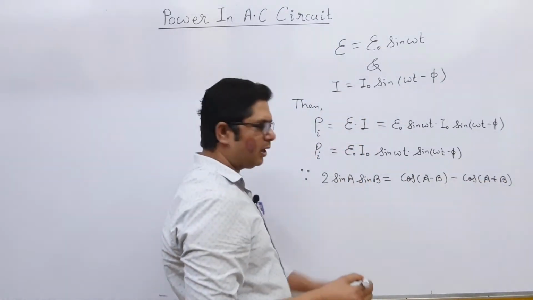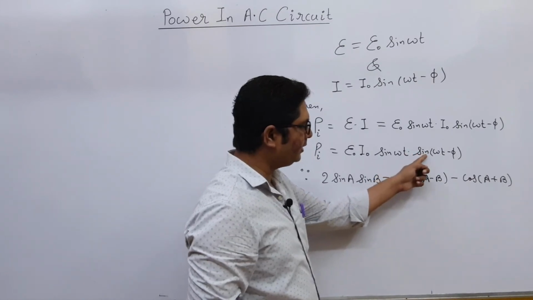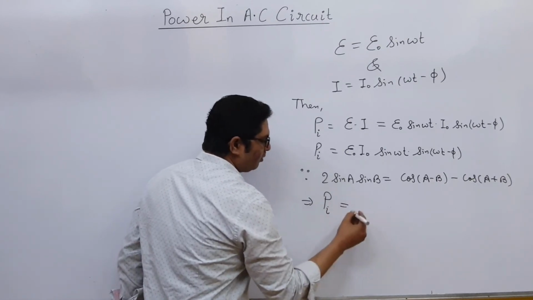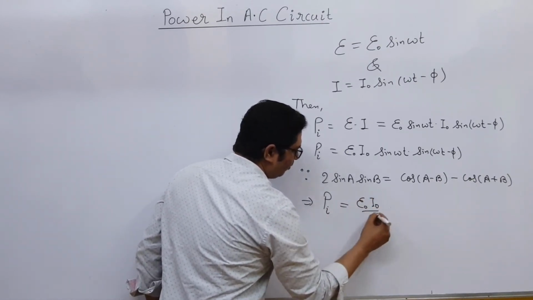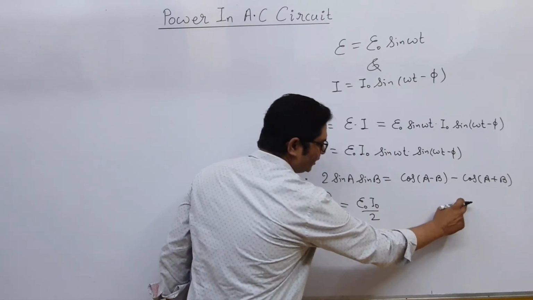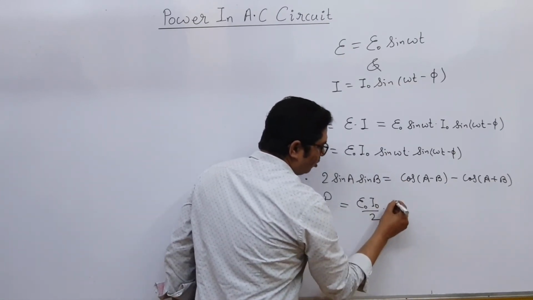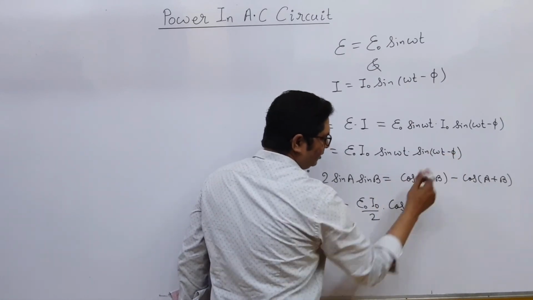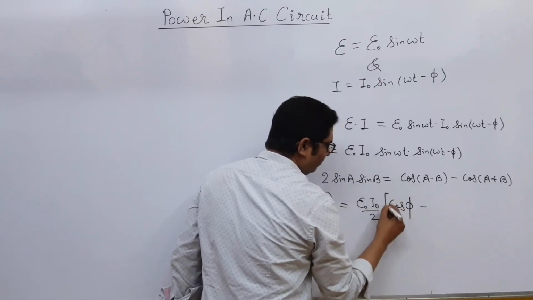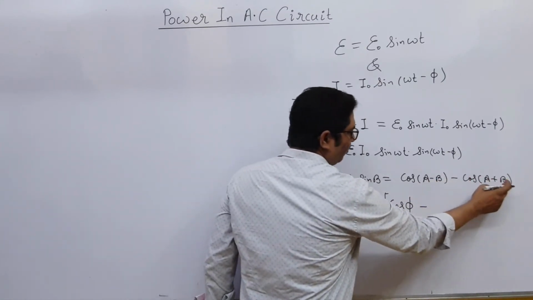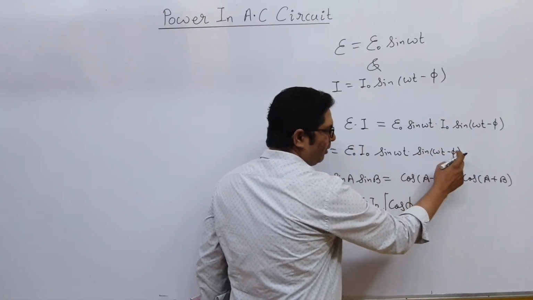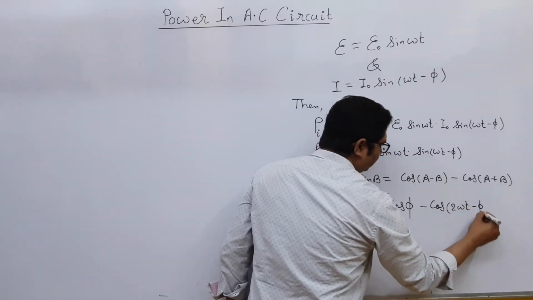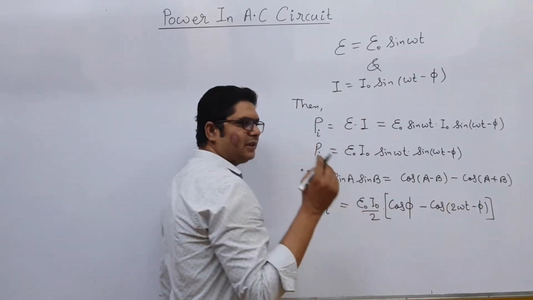We will apply this formula at this point, sin A and sin B. So we have Pi equals E naught I naught by 2, because this 2 will be moved to the denominator side. And here we have cos of the angle omega t minus (omega t minus phi). When we subtract this, we get cos phi. Give a minus sign here. And here we have cos(A plus B), so omega t plus omega t minus phi. When you add it, you have cos(2 omega t minus phi). This is said to be instantaneous power.